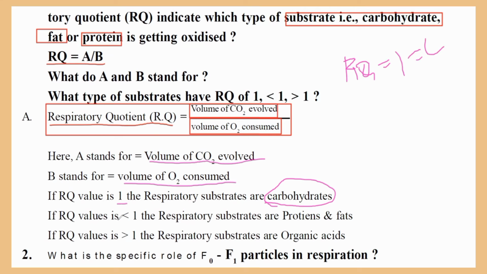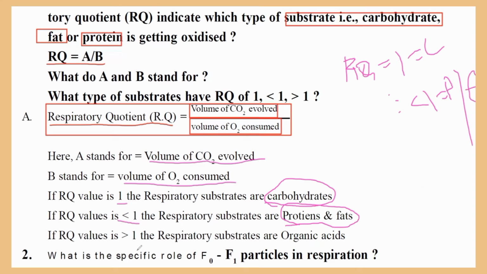If the RQ value is less than 1, the respiratory substrates are fats and proteins. The symbol is written like that: less than 1. So they are either proteins or fats.